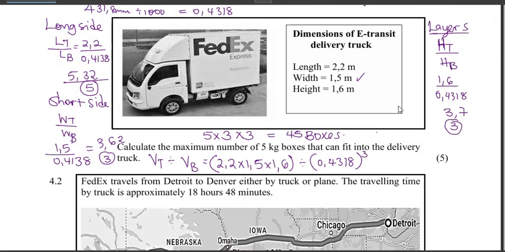Because it's the volume of the cuboid, which is L times L times L. So this one will become 2,2 times 1,5 times 1,6, which is 5,2 divided by 0,0881.